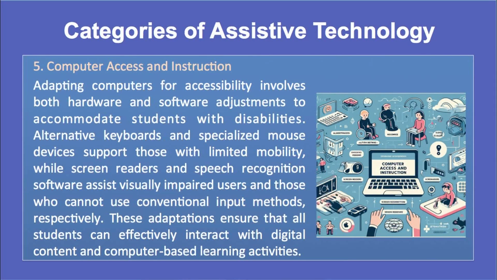Adaptive computers for accessibility involves both hardware and software adjustment to accommodate students with disabilities. Alternative keyboards and specialized mouse devices support those with limited mobility, while screen readers and speech recognition software assist visually impaired users and those who cannot use conventional input methods, respectively.